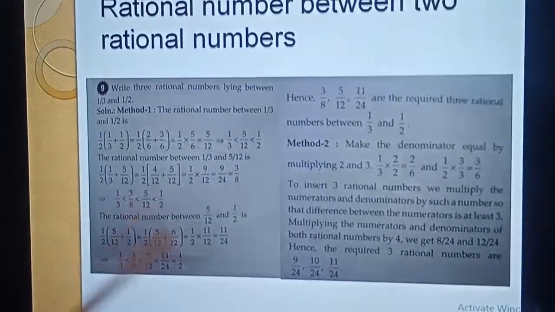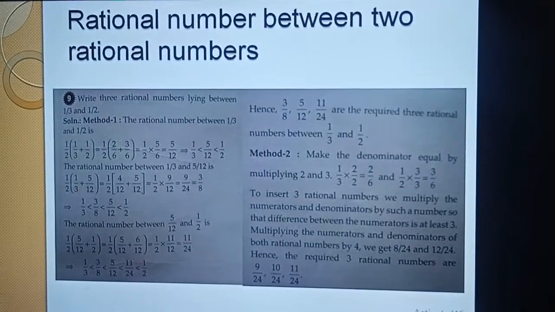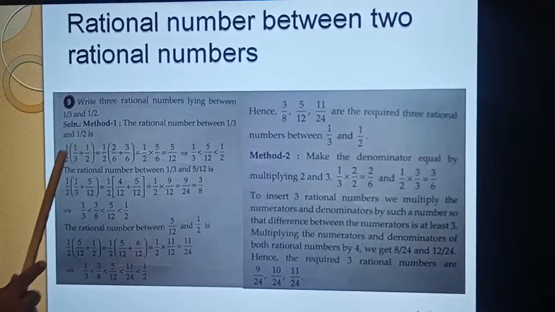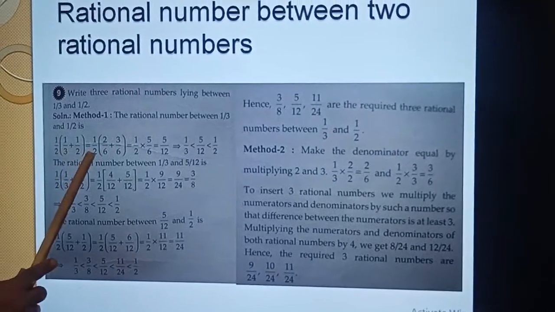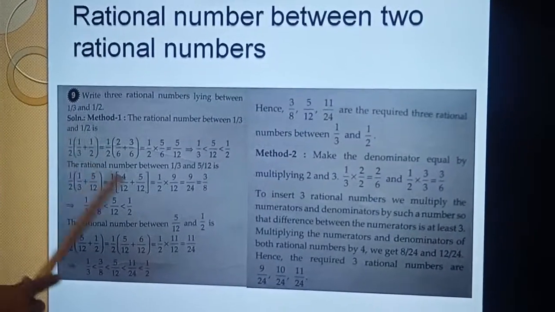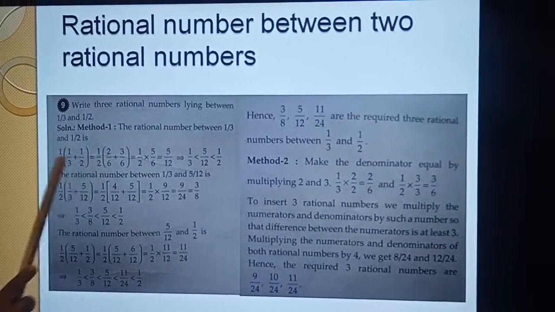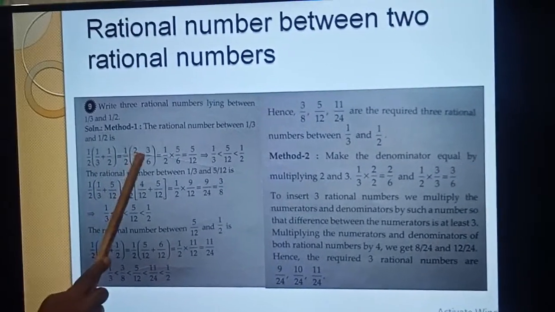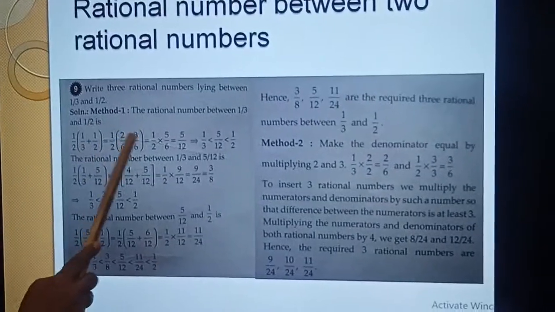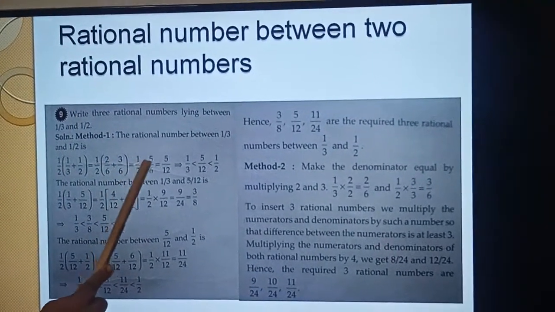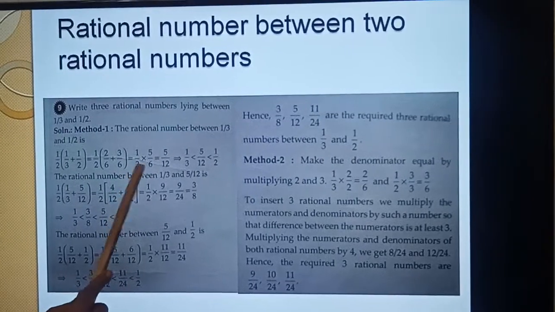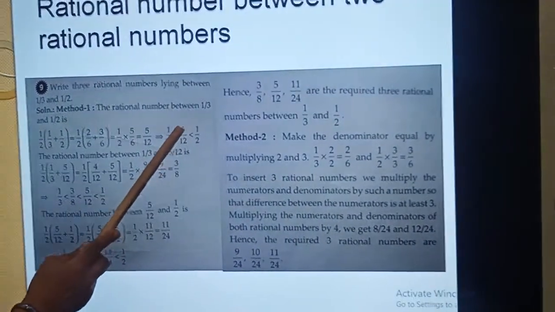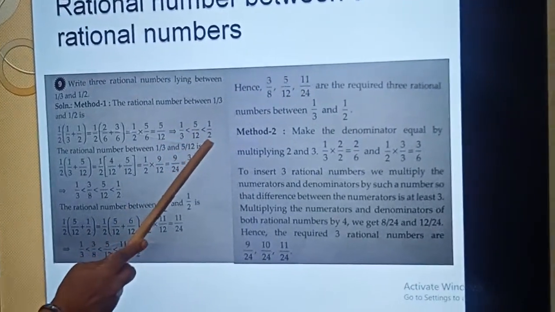I want to find the rational number which lies in between. Half into, when we take the LCM 6, we get 2 and 3, then 5 by 6, then 1 into 5 is 5, 2 into 6 is 12, so 5 by 12 is the rational number which lies between 1 by 3 and 1 by 2.